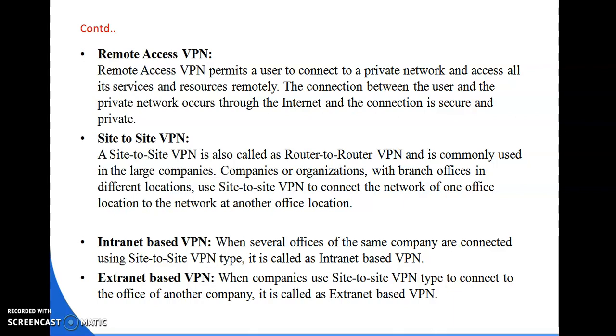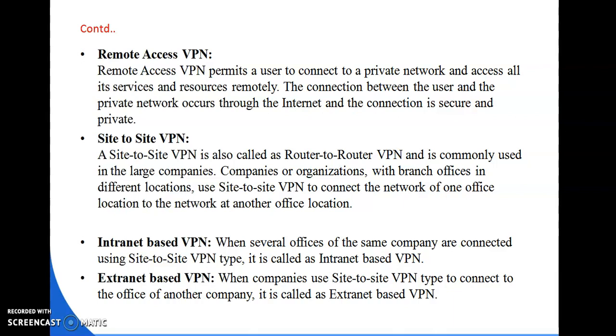Next is the site-to-site VPN. A site-to-site VPN, also known as a router-to-router VPN, is commonly used in large companies, where an organization with branch offices in different locations uses site-to-site VPN to connect the network of one office location to the network at another office location.